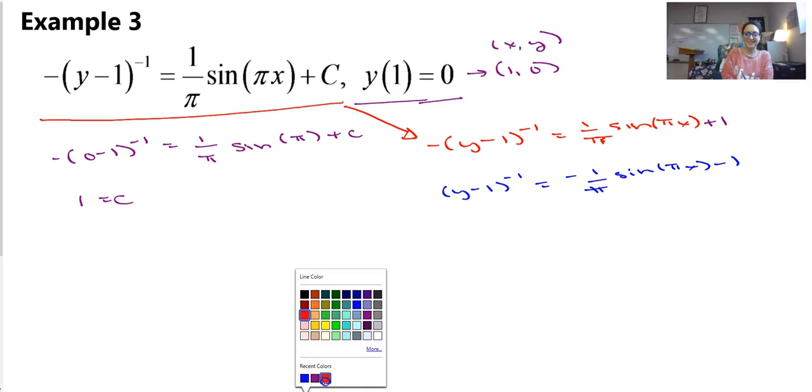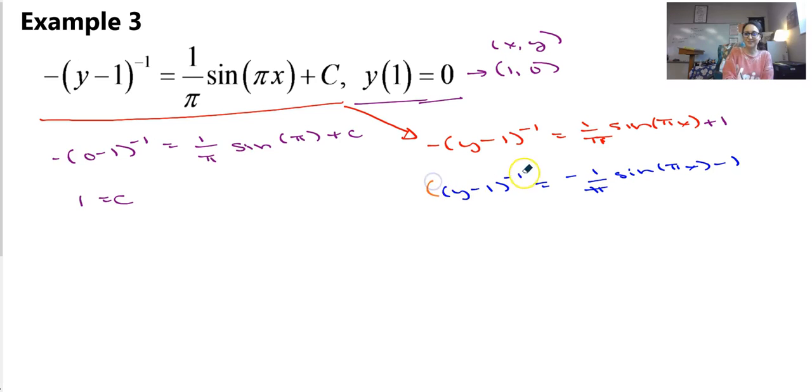All right, now we need to get rid of this -1. So take the reciprocal of that power and raise both sides to that new power. So it's the reciprocal of -1. It's -1. You're saying what times -1 is 1, right? And what I do to one side, I have to do to the other. So these cancel, and I'm left with just y minus 1 on the left.